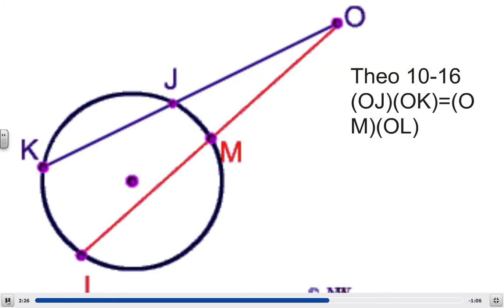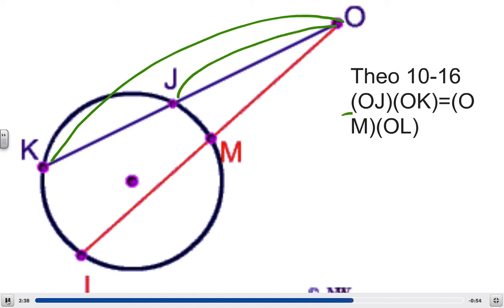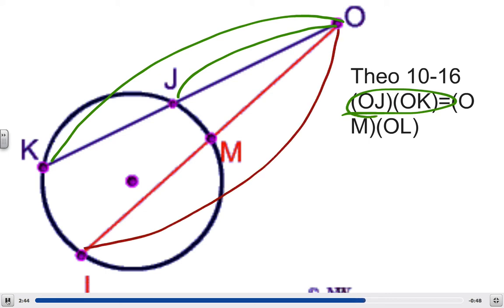It means that we can take the product of the entire distance of the secant line times the measure of the external secant, and that is going to be equal to the entire measure of the other secant segment times the outside secant segment.